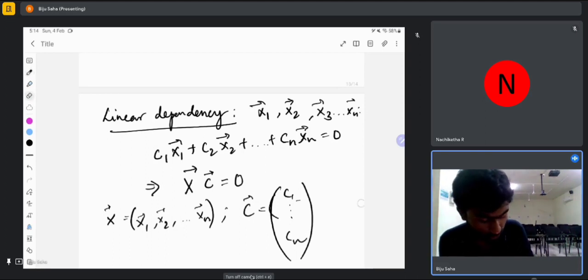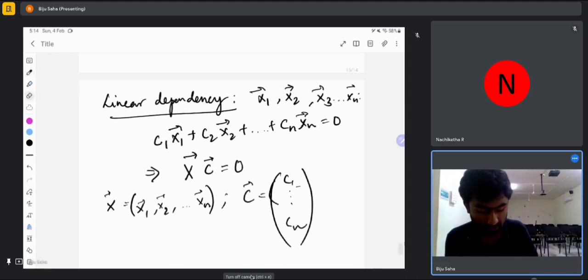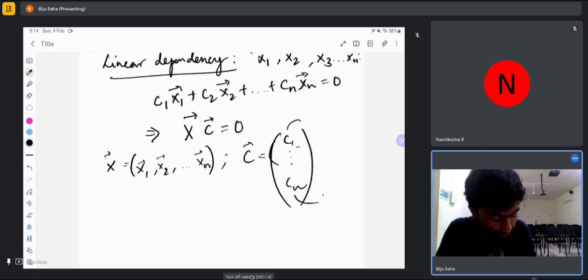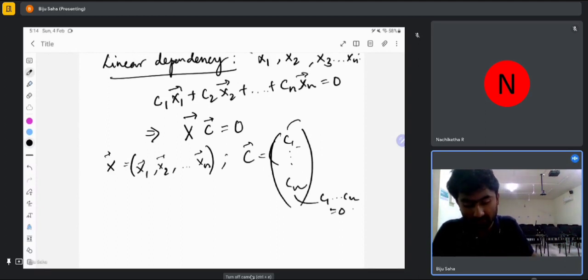Since this is a homogeneous equation, the trivial solution will always be 0. So c1 till cn equal to 0 is already a solution of this. Now let's see if there is any non-trivial solution or not.